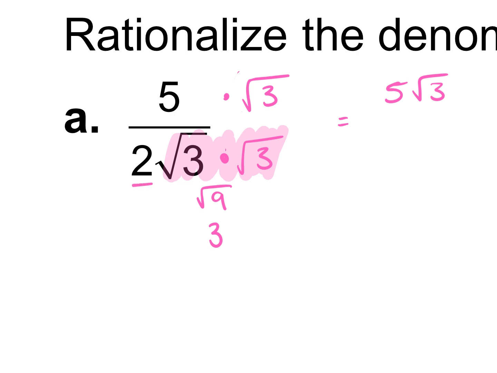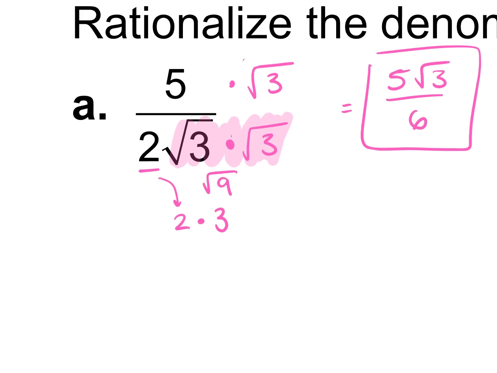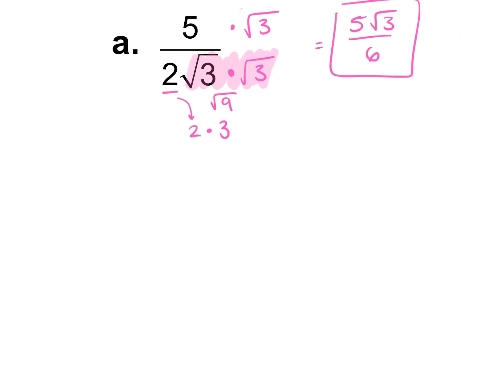And then I still have that 2 on the outside, so what's 2 times 3? 6. So our answer would be 5 square root 3 over 6. Any questions here? Perfect.